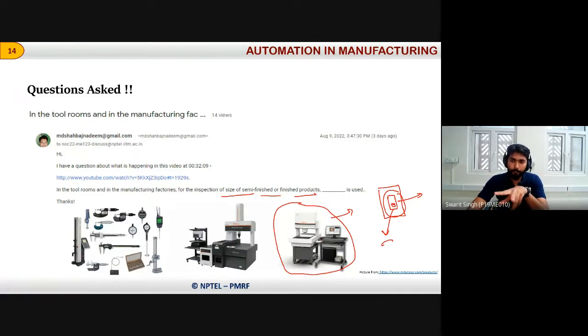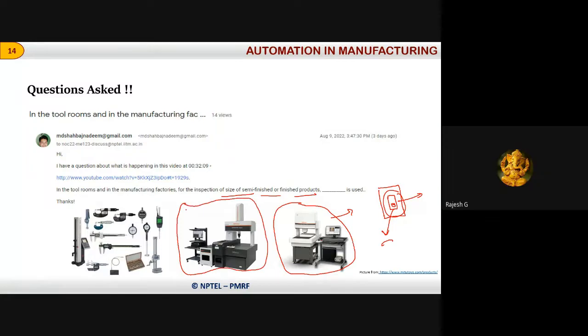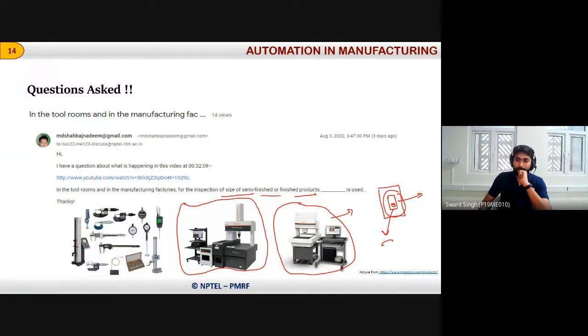I hope you got the idea of what kind of instruments are there in the metrology room. These are very precise machines. If you have seen this kind of machine, you have gained much more information, because very few of these machines are there in academic institutes.